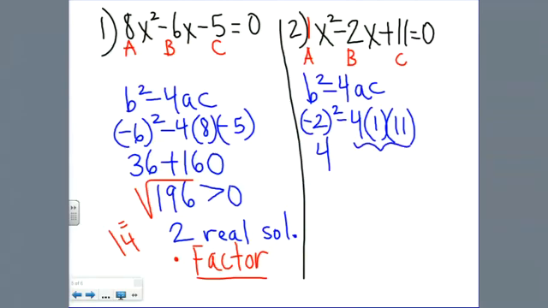And when we multiply the last three numbers, we get -44. And our discriminant is -40.